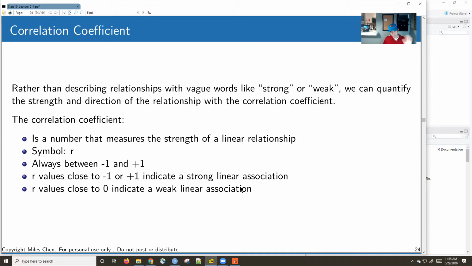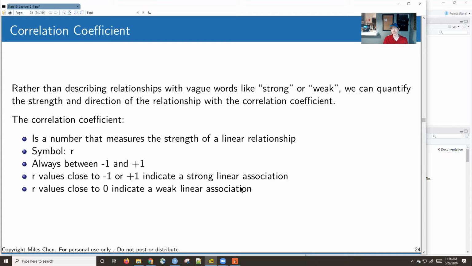It's a lot like in chapter 3, where we had numeric summaries. Rather than saying there's a lot of spread in the ages of the DMV room and little spread in the ages of the second grade classroom, we can specify it with the standard deviation. We can say the standard deviation is 18 for the DMV, and 0.6 for the second grade classroom, right?